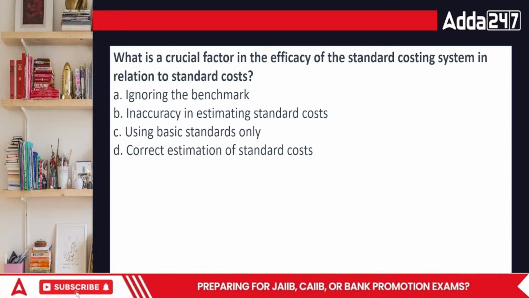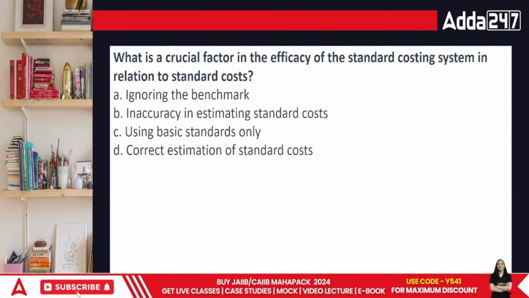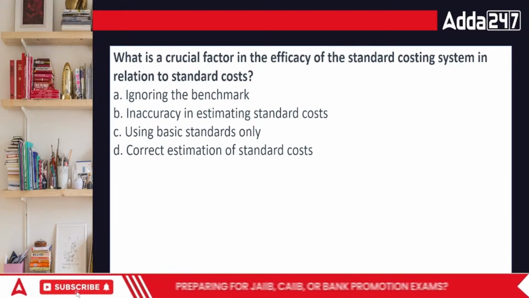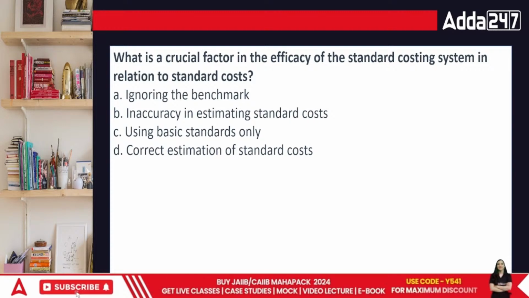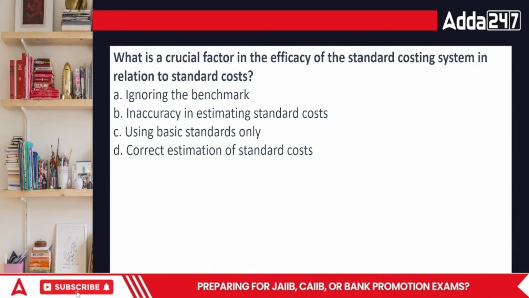Now, what are we doing? Ignoring the benchmark, or inaccuracy in estimating standard cost, or using basic standards only, or correct estimation of standard cost. What's going to be the answer?